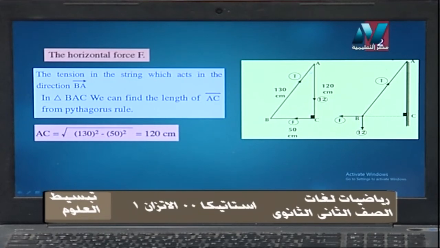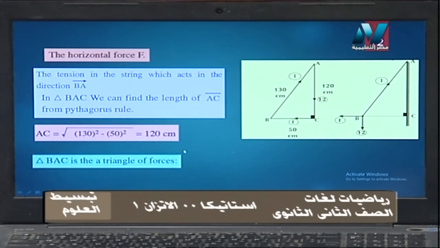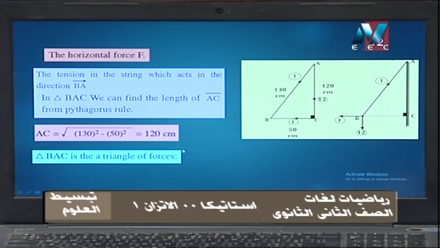So we have to find AB. The length of AB from the Pythagoras theorem equals the square root of 120 power 2 plus 5 power 2. The answer will be 120 centimeter. Triangle ABC, the triangle of forces.